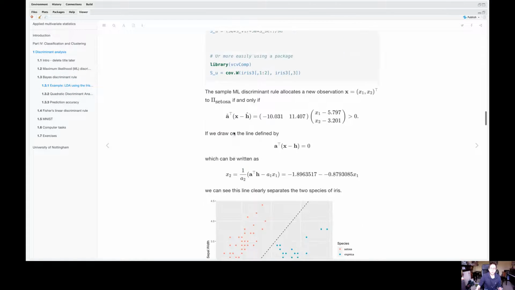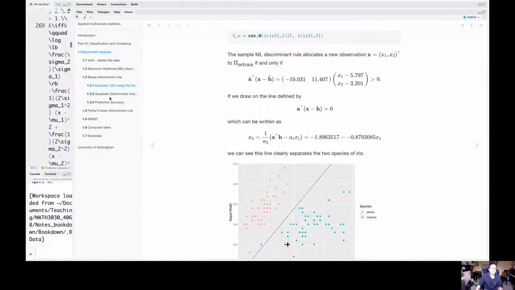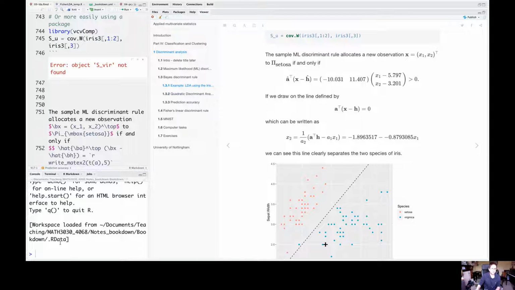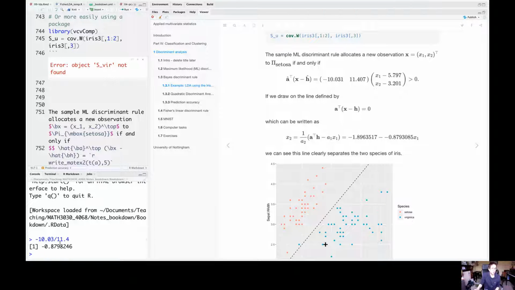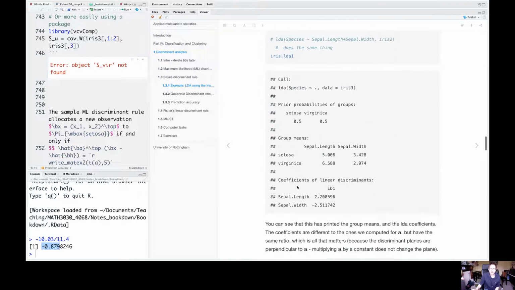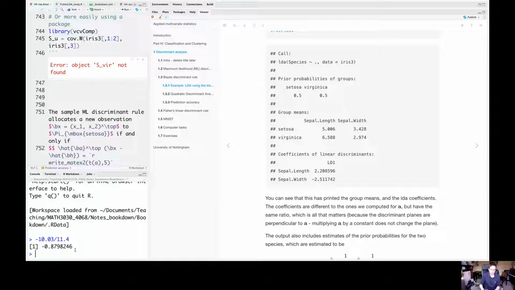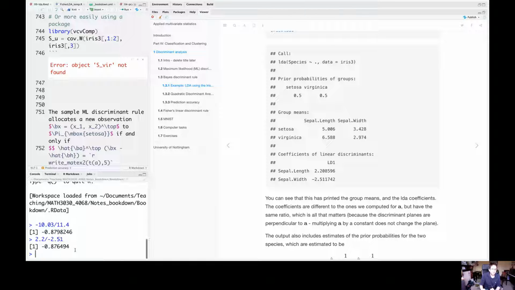So if we look at the values we computed, -10.03 and 11.4, and look at their ratio, we get a ratio of -0.88. Now, if we look at the values given to us by R, 2.2 divided by -2.51, we get the same ratio, -0.88.